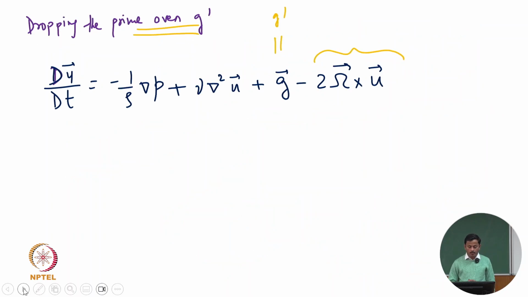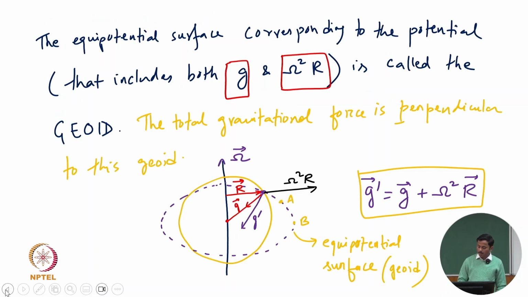So the omega squared r term, by relative magnitude, is not a significant fraction of this capital G. You know the capital G is approximately 9.8 meters per second squared.